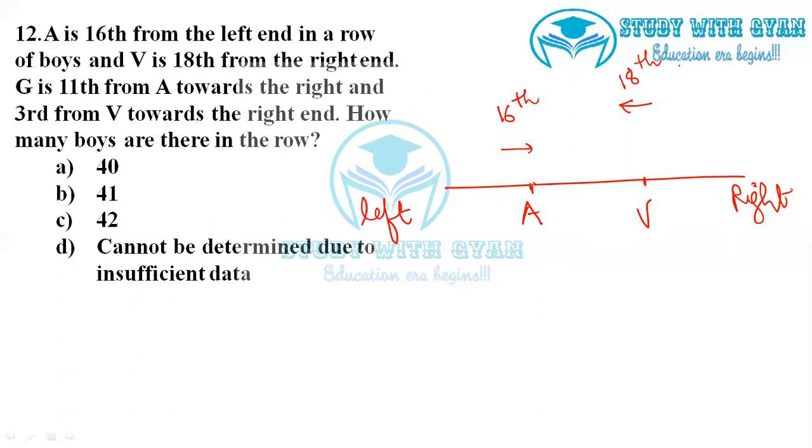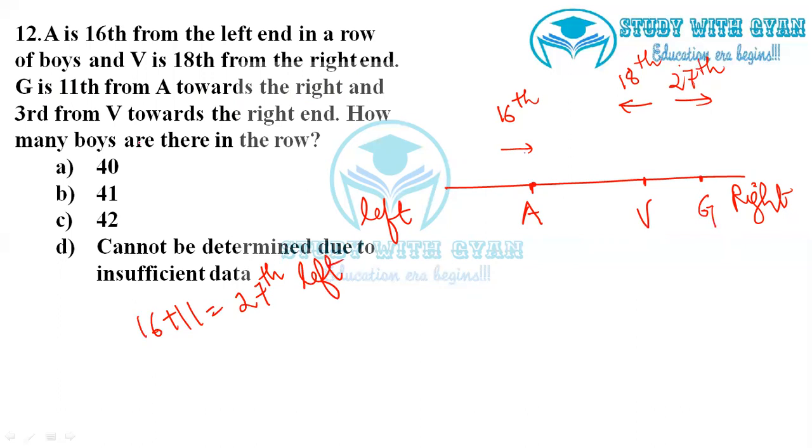A is on the 16th position and G is 11th from A, so G will be somewhere here, basically 16 plus 11. That means the position of G will be 27th from the left.